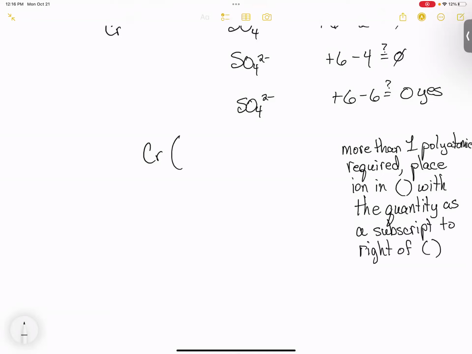So we would open a parentheses, we would place our polyatomic ion in there, and then we would close the parentheses with the quantity needed as a subscript to the right.